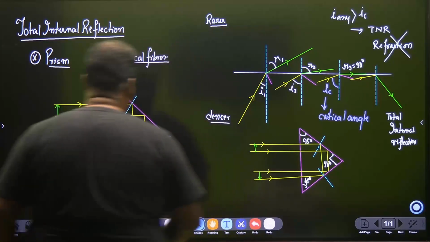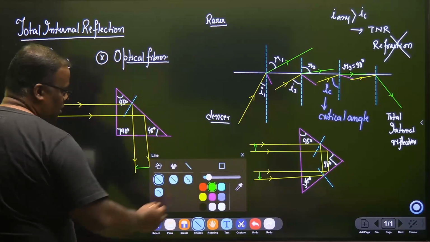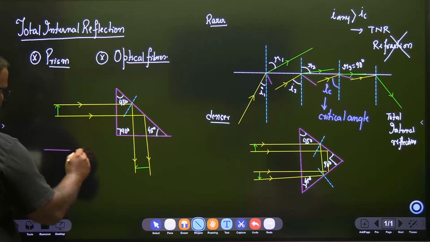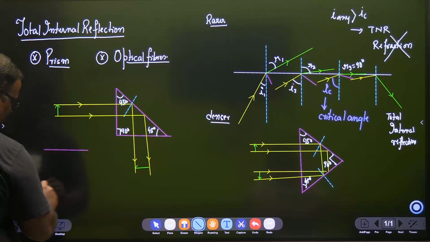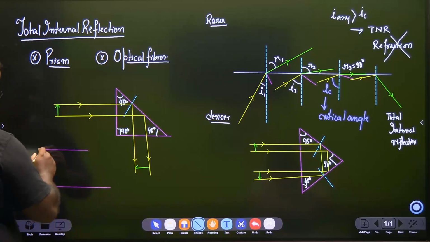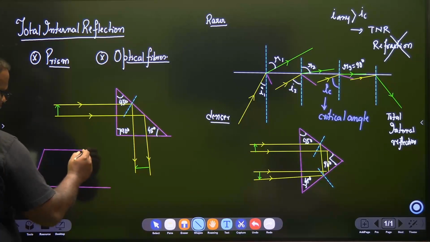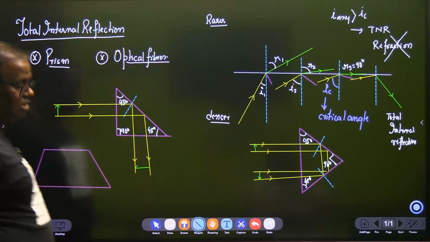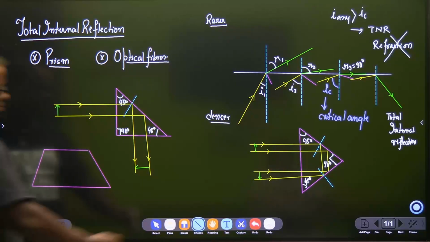And the third one we see is for the trapezoidal type of prism. Here we keep the image on the same parallel, but we will just flip the image upside down.